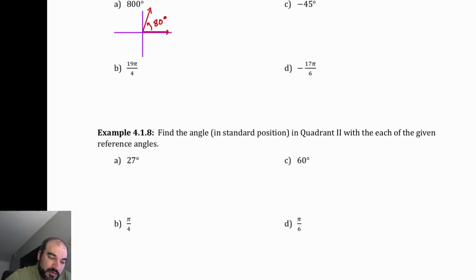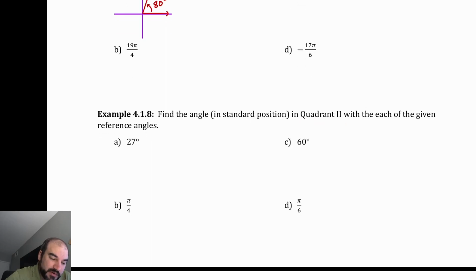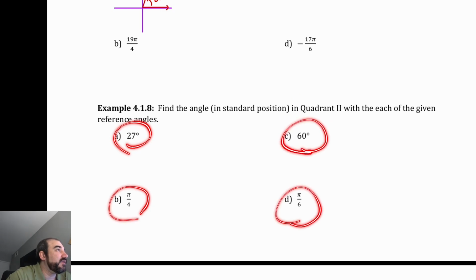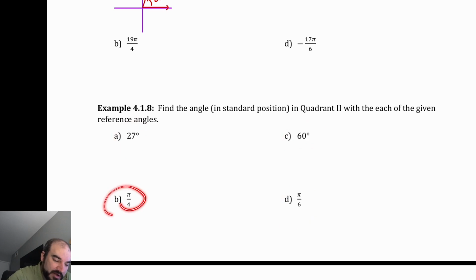Find the angle in quadrant 2 with each of the given reference angles. That's an interesting problem. If it says it wants an angle in quadrant 2, you want to draw these angles as reference angles in quadrant 2. So I'll do one with a radian measure this time, just so you see a different example.